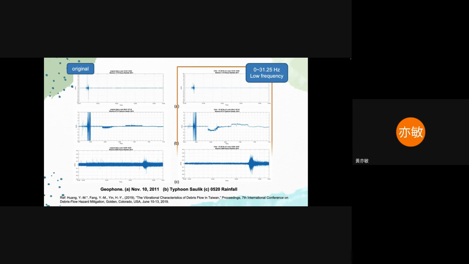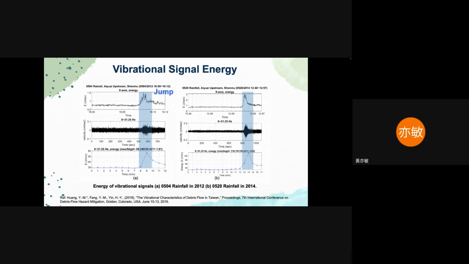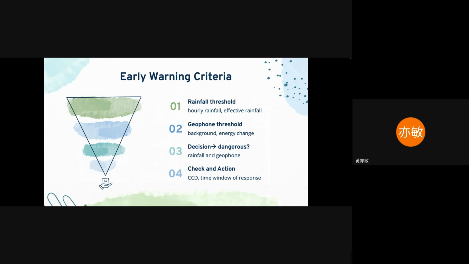So this is a characteristic feature we can use for prediction and detection of the debris flow. When we convert the signal into energy, it's quite obvious. We notice there's a jump in our figures, and these jumps imply the occurrence of the debris flow.